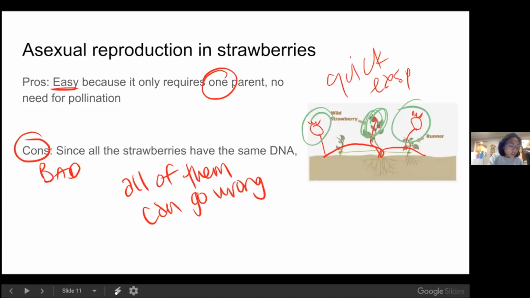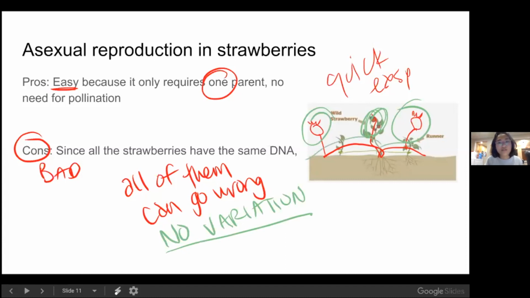So that means that there's no variation. That's not necessarily the best situation, because variation is really good, because then good individuals and bad individuals can be made. But if there's no variation and something goes wrong, then all of these strawberries also go wrong, if that makes sense.